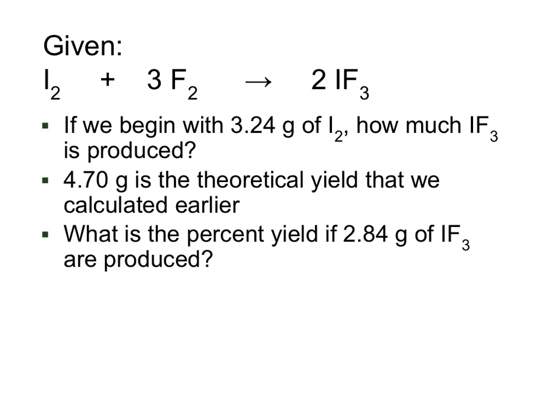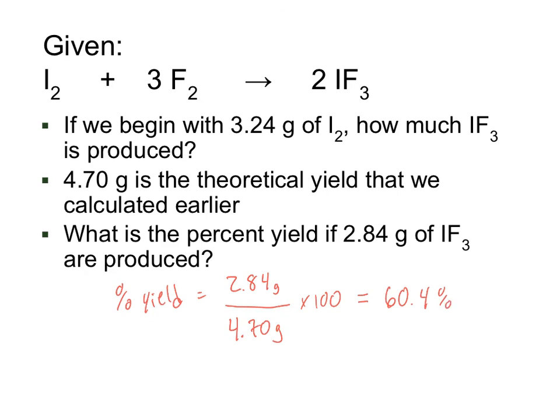And so in order to calculate our percent yield, we're going to take our actual amount of 2.84 grams, divide that by our theoretical amount that we calculated. We're going to multiply by 100 in order to convert that to a percent, for a percent yield of 60.4%.